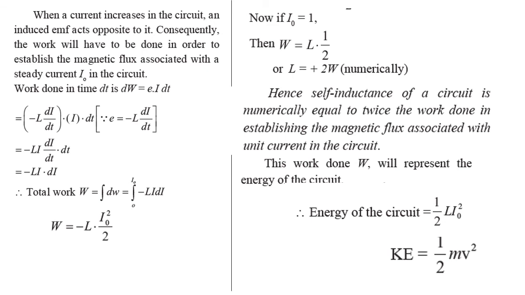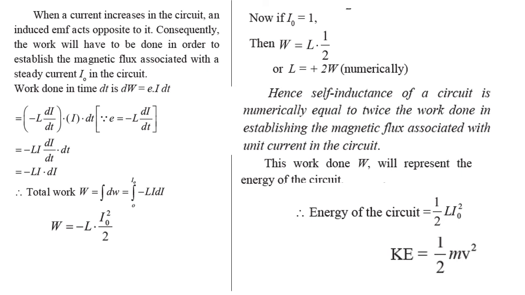Substituting the value of E as minus L dI by dt, times I dt, dt gets cancelled, and so we get the work done equal to minus L I dI. Therefore, the total work done is the integral from 0 to I0 of minus L I dI. Therefore, the work done is equal to minus L I0 square by 2.